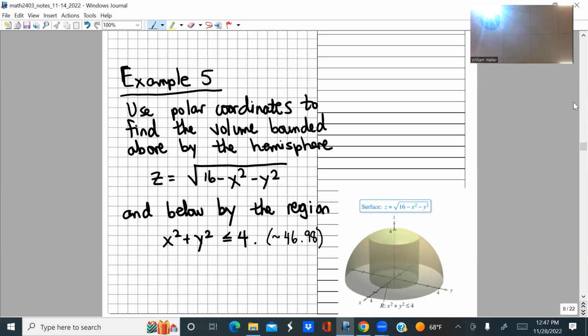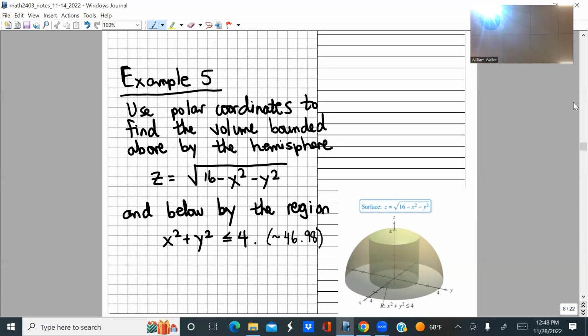So we don't want the total of the sphere's volume, but just the piece above this region, which happens to be, fortunately for us, a circle. So in other words, I want this kind of cylinder, but it's not quite a cylinder, the top of it is a sphere. So that little plug.